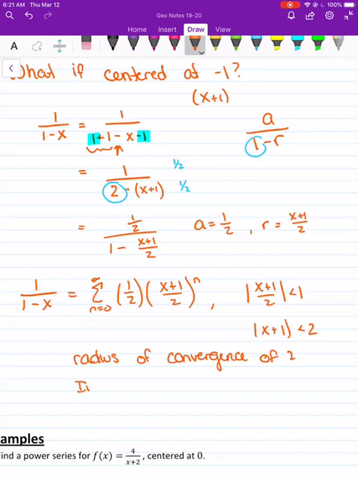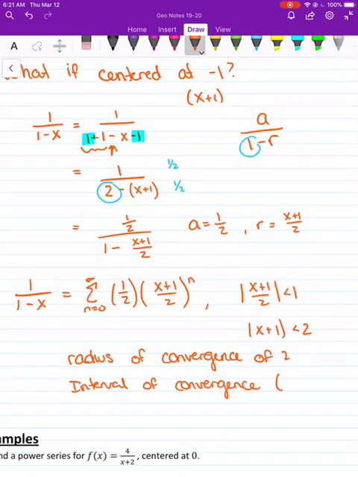And my interval of convergence goes from 1 to 3. Nope, sorry, that is incorrect. The interval of convergence, because my center, remember, is at -1, so I go 2 in each direction, pardon me. So my interval of convergence is -1 minus 2, which is -3, and -1 plus 2, which is 1. There we go. That's correct.